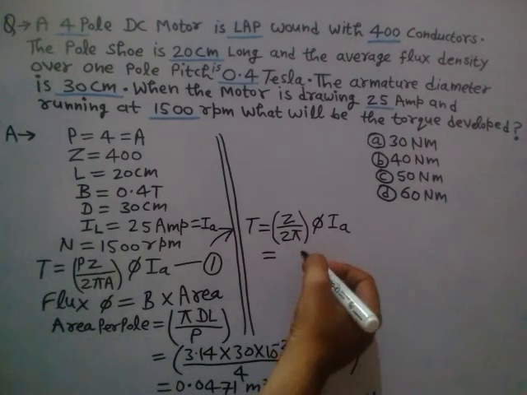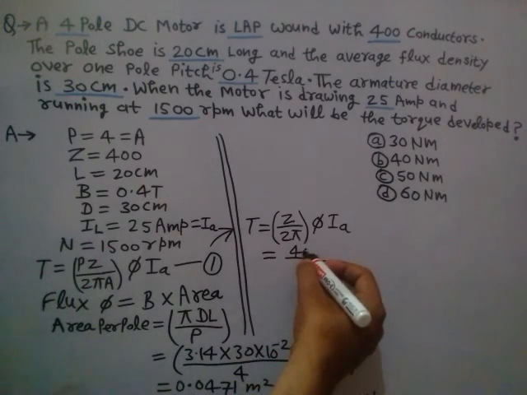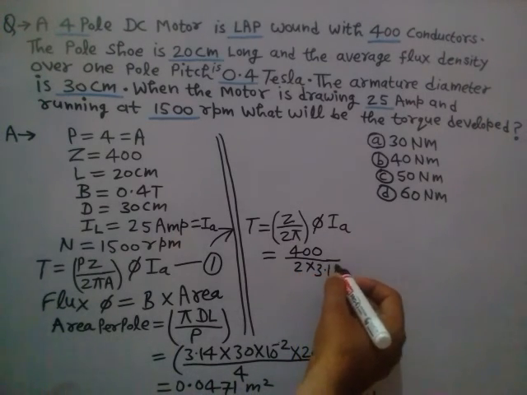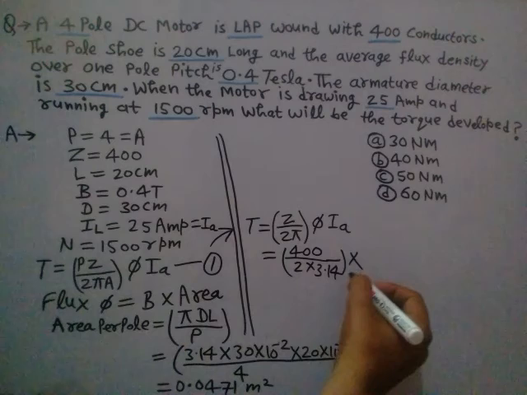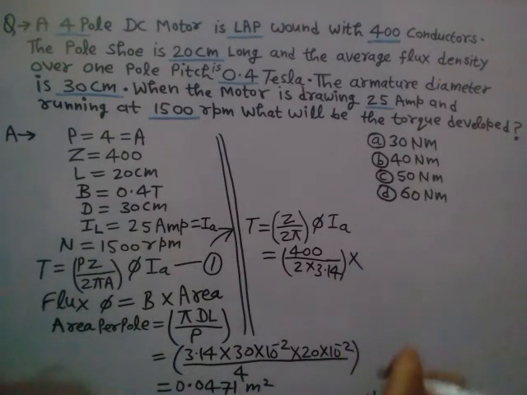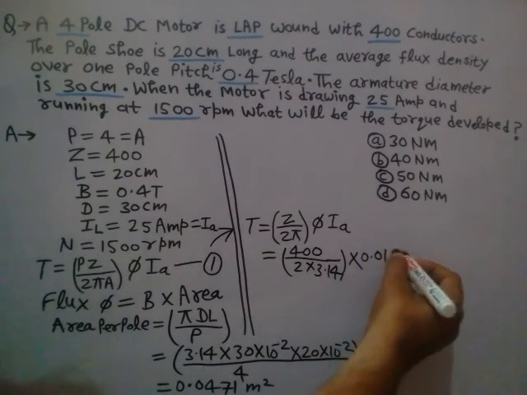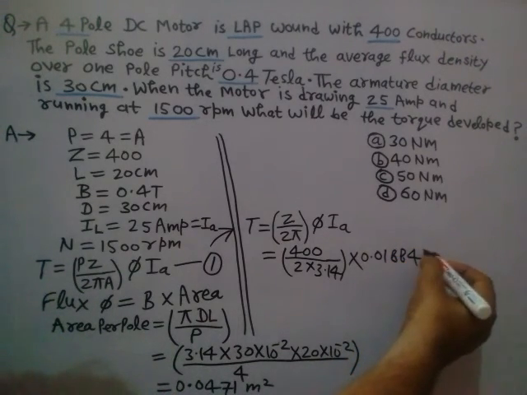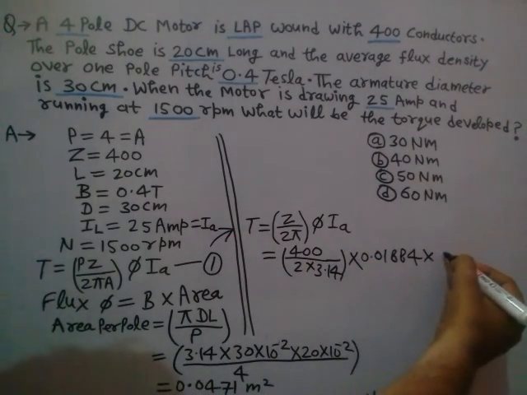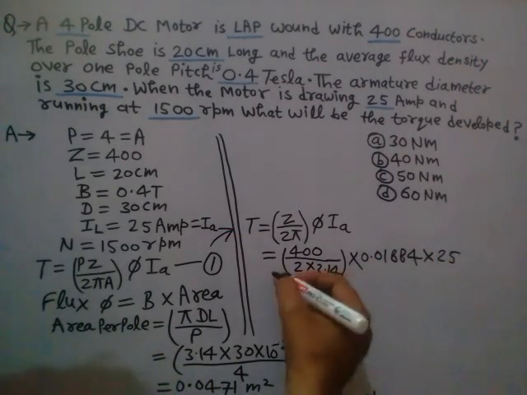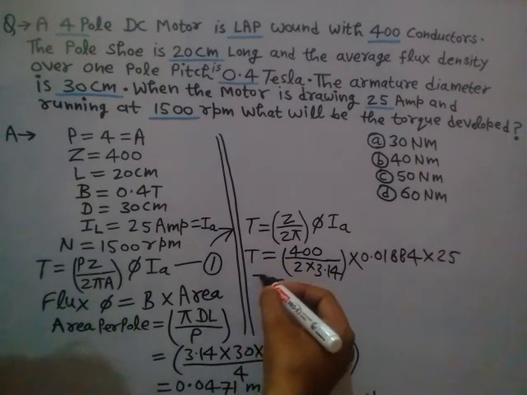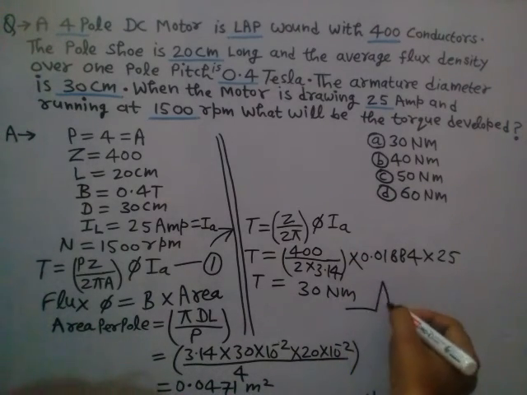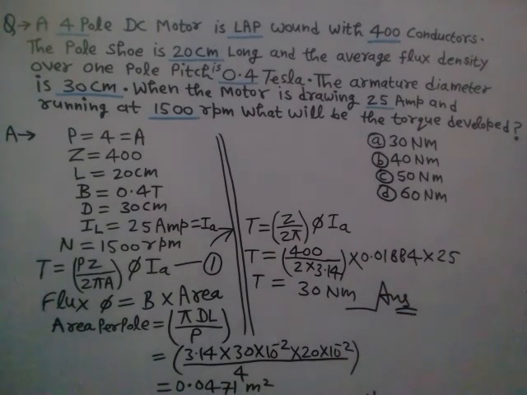So Z is 400 divided by 2 pi, 2 into 3.14, right? So flux phi you have calculated 0.0188 and 4 into this current, armature current, that is 25 ampere, and that comes out to be equal to 30 Newton meter. So that is the answer, right?